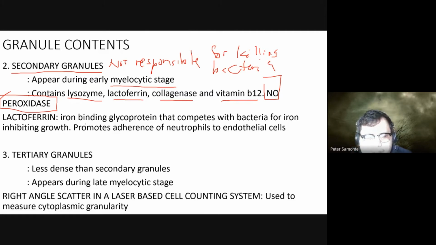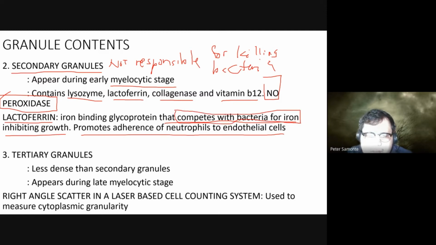Now, lactoferrin is your iron-binding glycoprotein that competes with bacteria for iron, inhibiting growth. Now, it promotes adherence of neutrophils to endothelial cells. So, in your secondary granules, they have your lactoferrin. Your lactoferrin would compete with bacteria for iron. And when that happens, bacterial growth is inhibited. And when bacterial growth is inhibited, it would promote adherence of neutrophils to your endothelial cell.